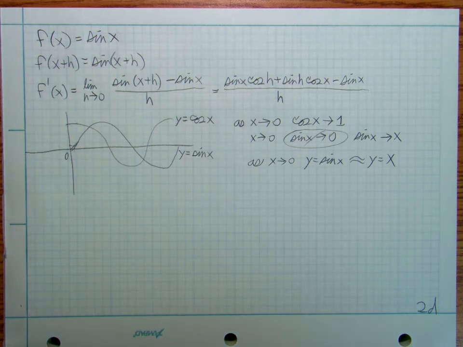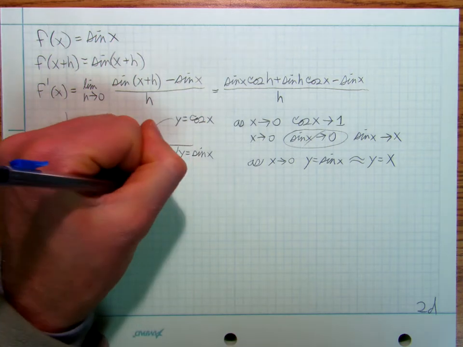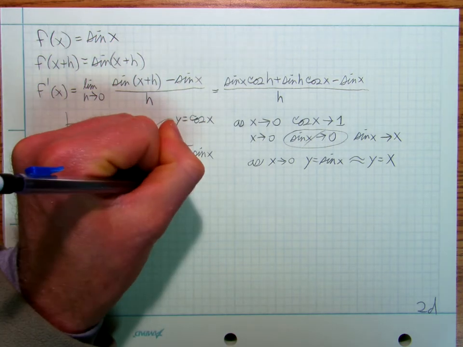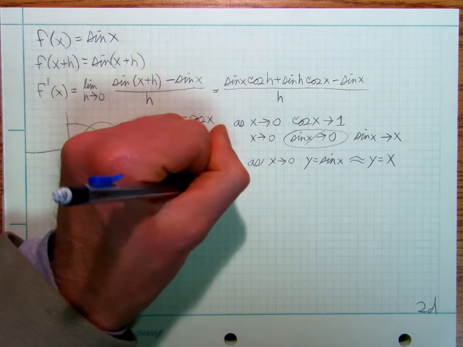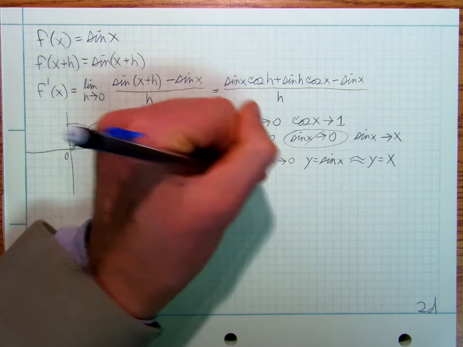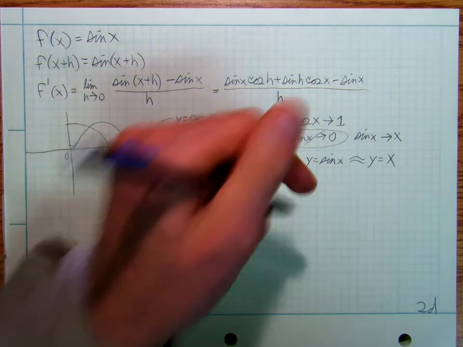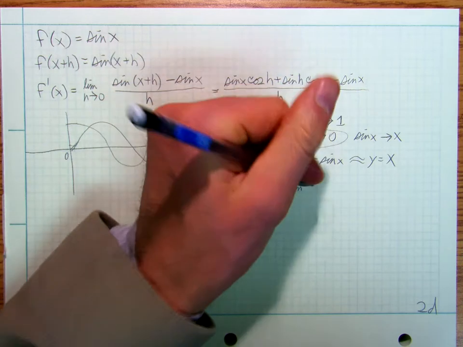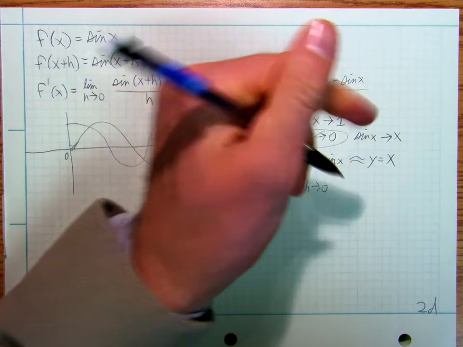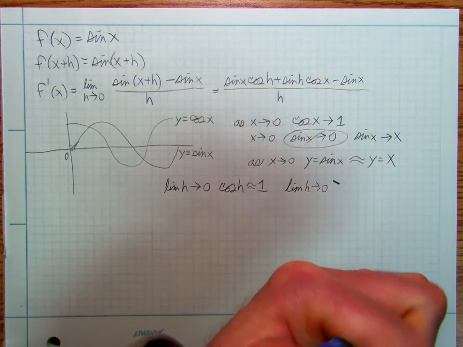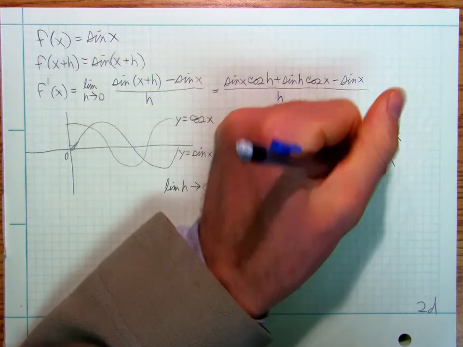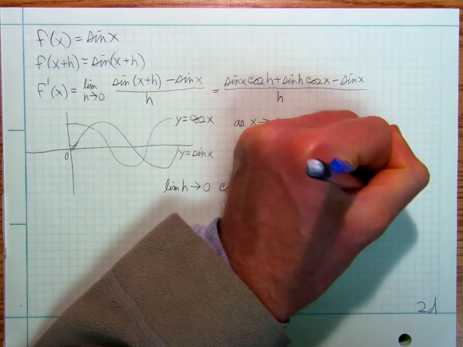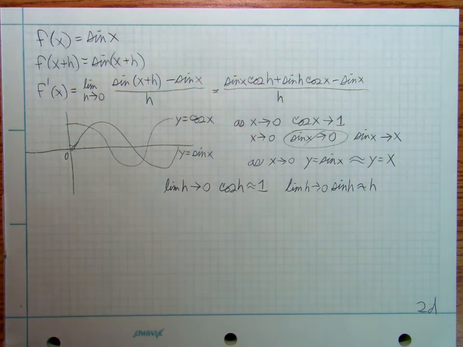And so what that allows me to do is it says that the limit as h approaches 0 of cosine h is approximately equal to 1, and the limit as h approaches 0 of sine h is approximately equal to h. Let you think about those.